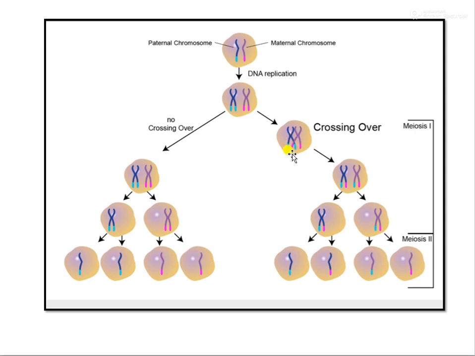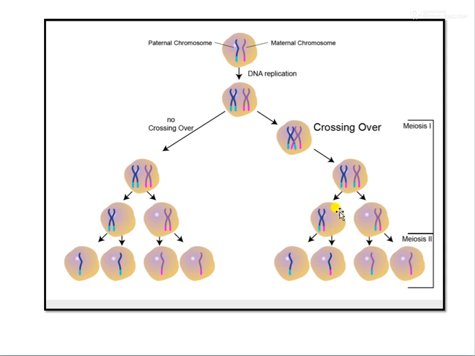After crossing over has happened, the longitudinal splitting happens, and the process of terminalization will happen, and as a result the tetrads get separated in the next process.